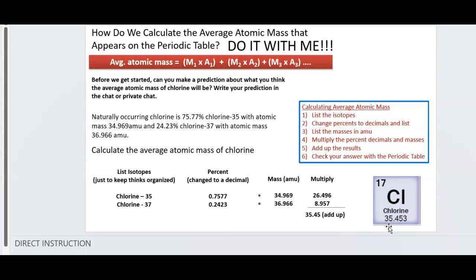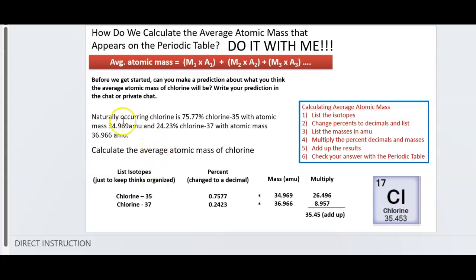So anyway, to do an average atomic mass calculation, there's 6 steps to follow over here. The first step says to list out the isotopes. I'm going to read through the problem and then list out the isotopes that are given to me. It's not 100% necessary if you're on your own, but it keeps you organized.